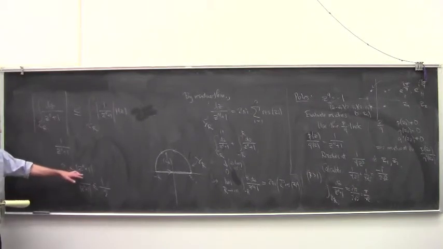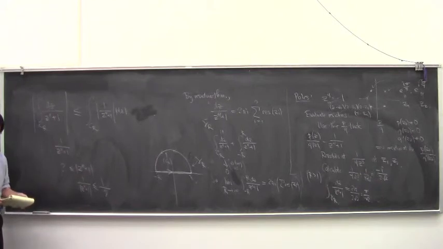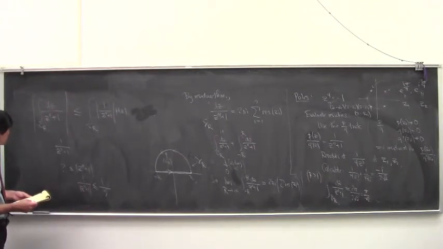So you want to find a lower bound for z to the fourth plus 1. What's one way to do it? How much? R minus 1? It's bounded below by r minus 1.